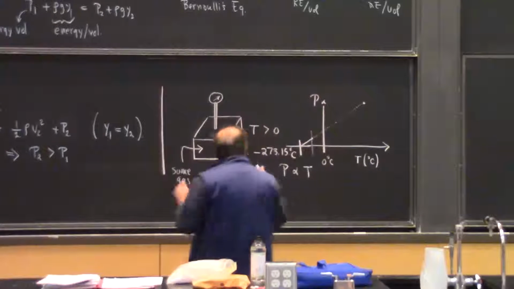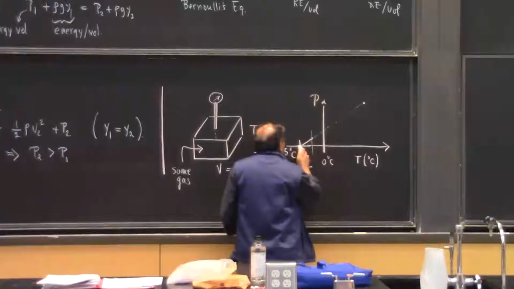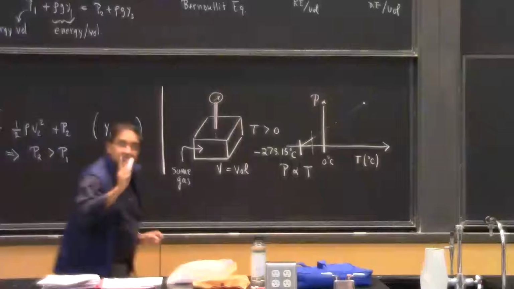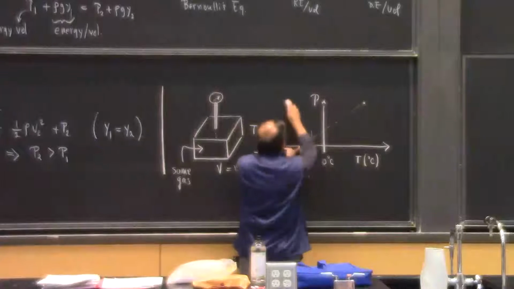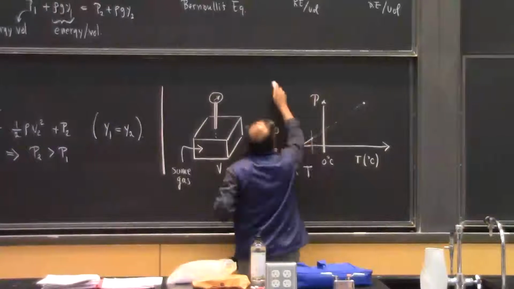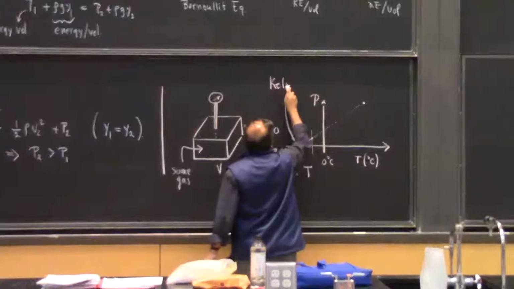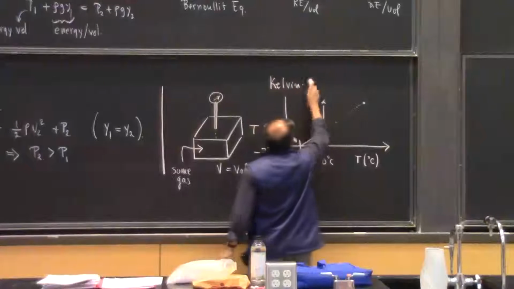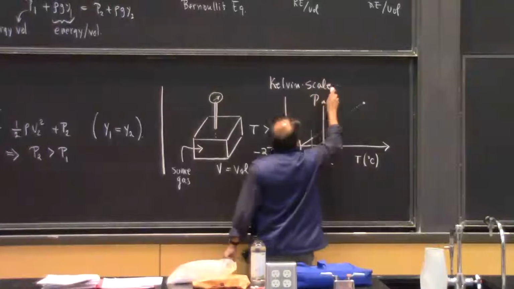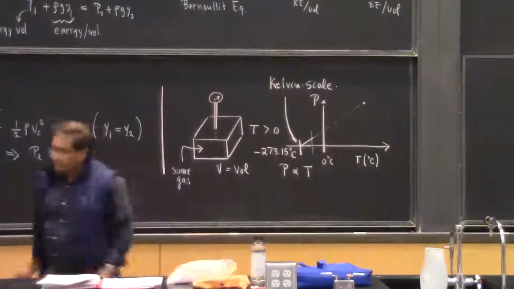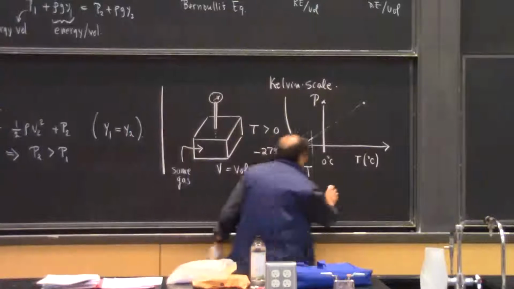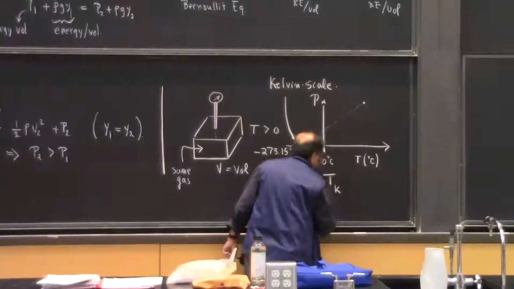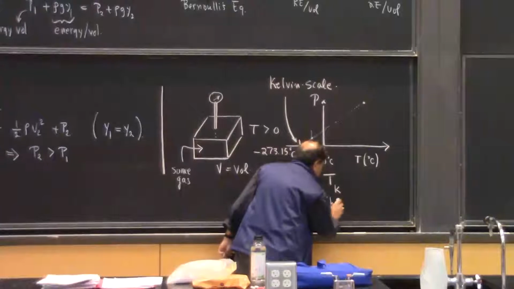Okay? So that's very important to know, which means that we can now define a temperature scale that starts with this natural zero that nature gives us. And this is how the Kelvin scale of temperature is defined. So in the Kelvin scale of temperature, we write T Kelvin, and this is also called absolute temperature.